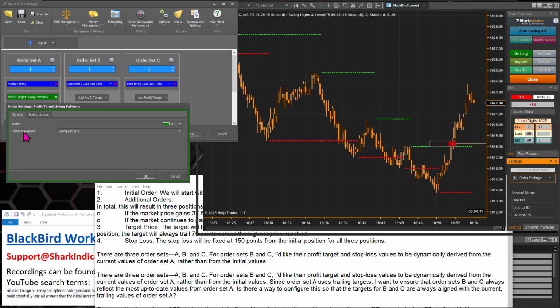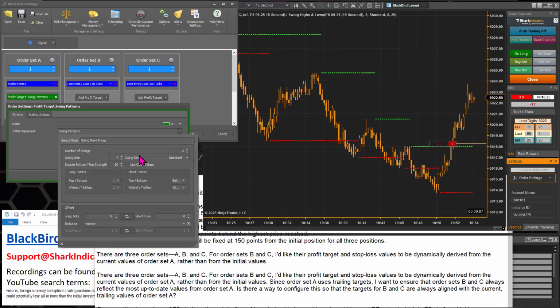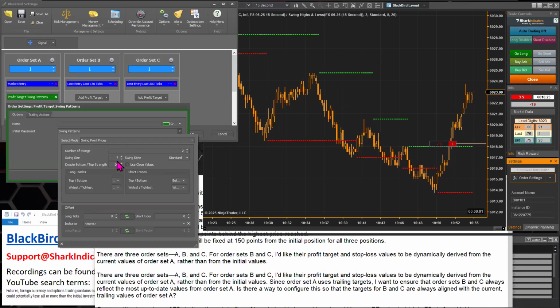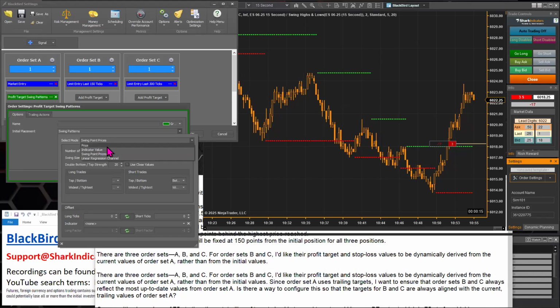When we use that one, it uses the swing patterns, and I don't think most people like this interface because it looks quite a bit different from setting up the swing indicator right on the chart here. So I'm actually just going to change this to indicator value.